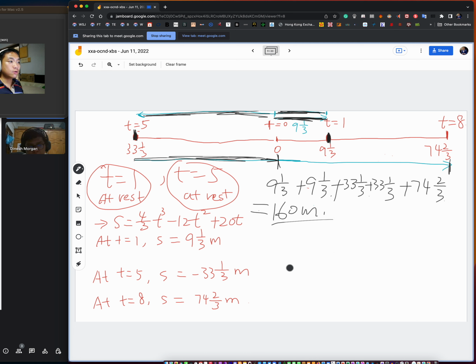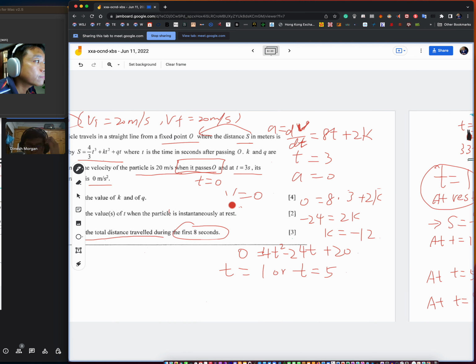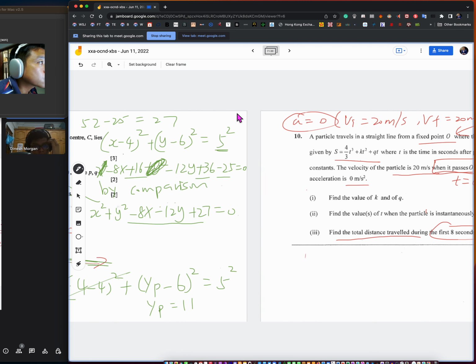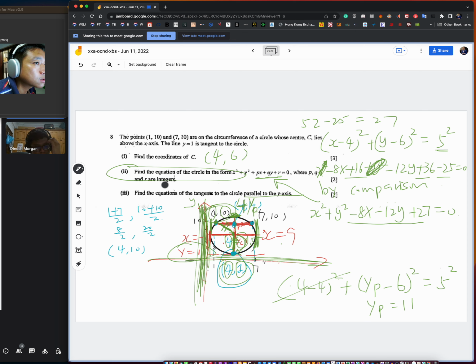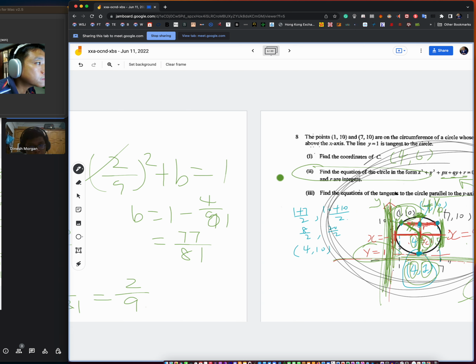All right. So yeah, I think today we had a very good discussion. We talked about this question, kinematics. Then of course we talked about the circle, the equation of circle.